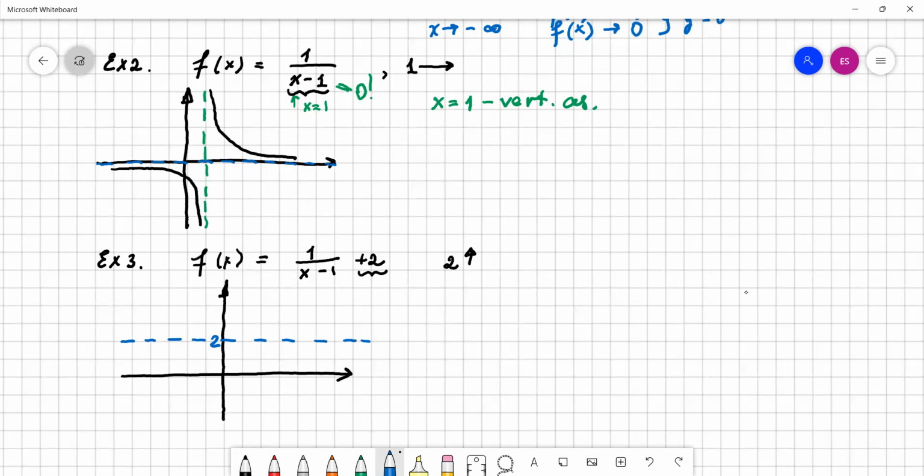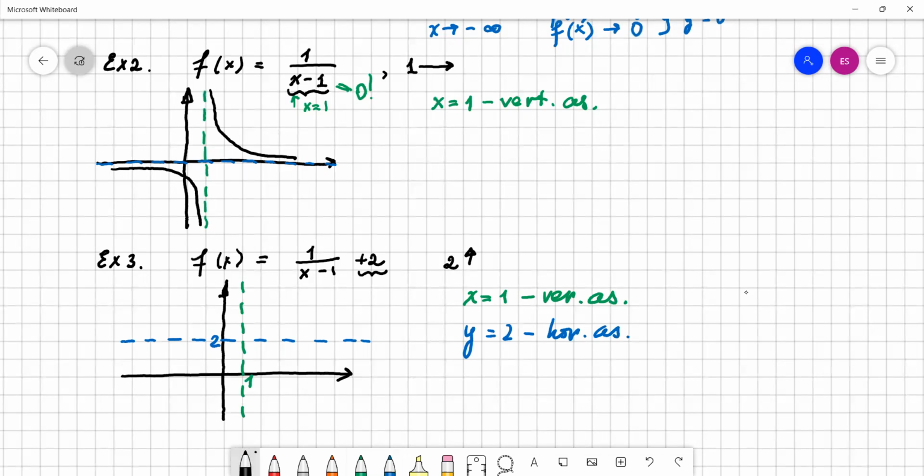So it was over here at y equals 0. Now it's at 2. My vertical asymptote is going to be same because I'm not moving it in horizontal direction. So it's going to be 1. So x equals 1 vertical asymptote, y equals 2 horizontal asymptote.